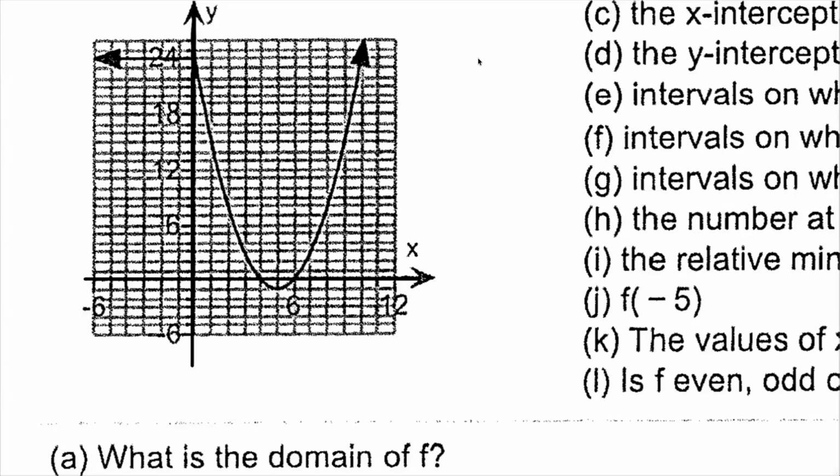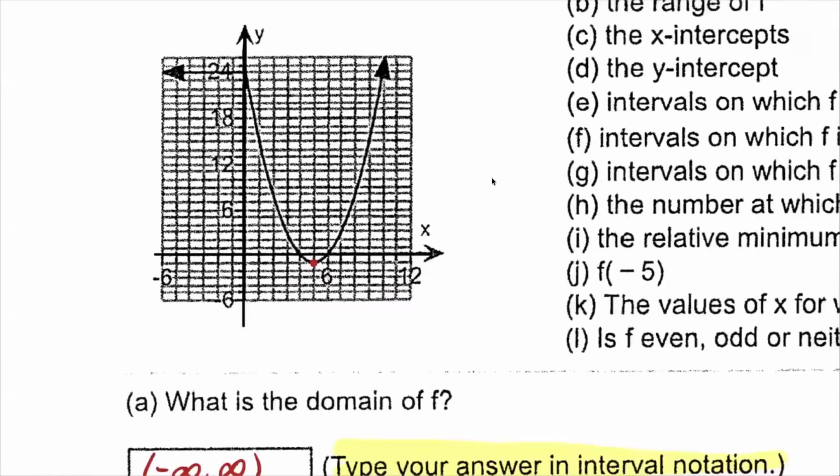So the lowest point on the graph is this point down here that I'm making red. The y value of that point is -1. It's one space below the x-axis. So the y value is -1, and the upper y value is going to be positive infinity, because the lowest value is -1, and the highest value really is not a value because it's going up to positive infinity.